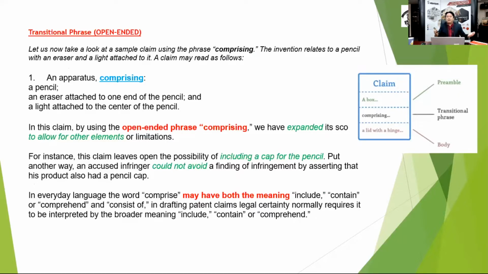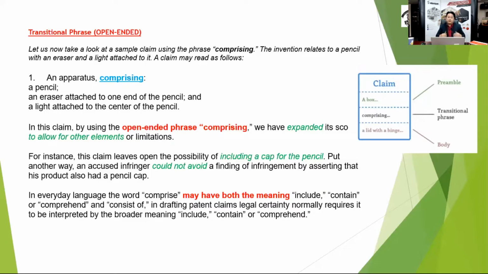An apparatus comprising a pencil, an eraser attached to one end of the pencil, and a light attached to the center of the pencil. In this claim, we are using an open-ended phrase, comprising, so we have expanded it to allow other elements to be included. It's not just very narrow, it is inclusive.